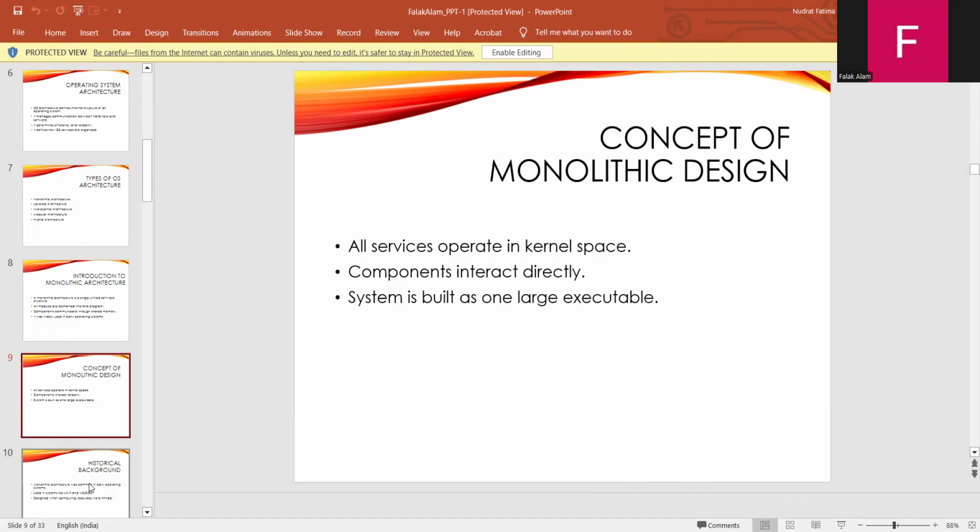However, the system becomes very large and complex, and if a bug occurs in any part of the kernel, it may cause the entire system to crash. Since the system is built as one large executable file, a bug in any part may cause the entire system to crash.